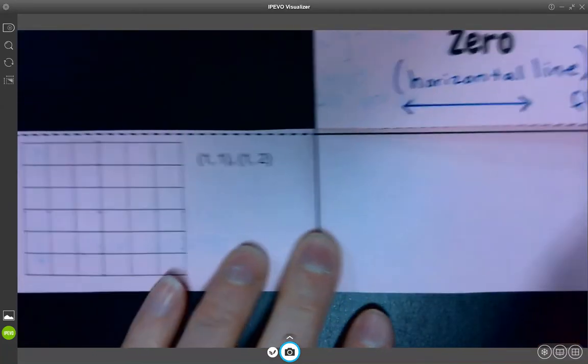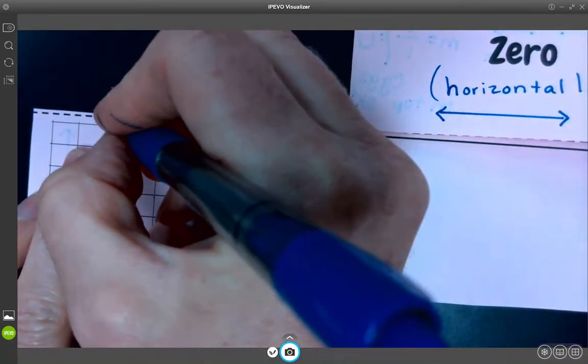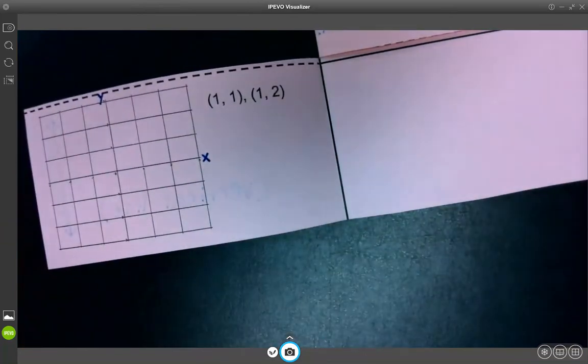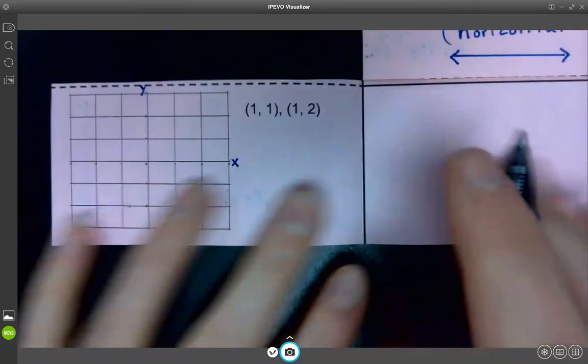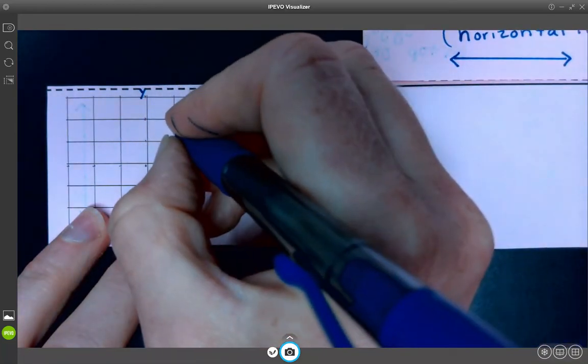All right, label your X and Y axis on your graph. So 1, 1, 1, 2.